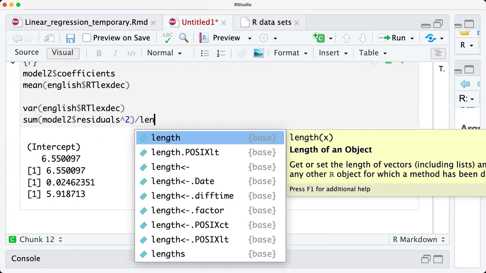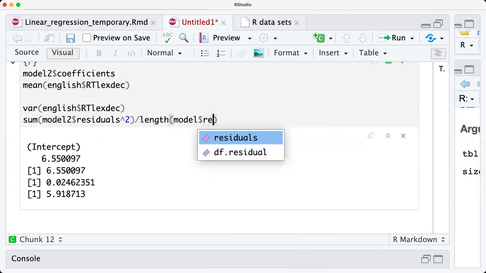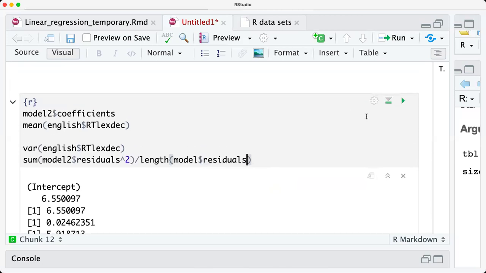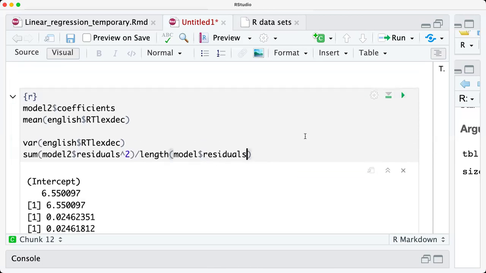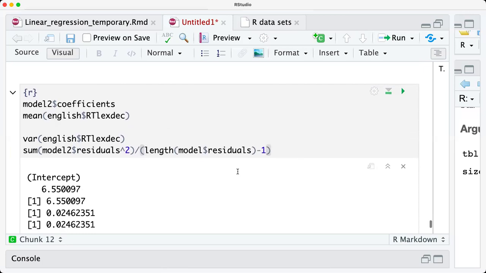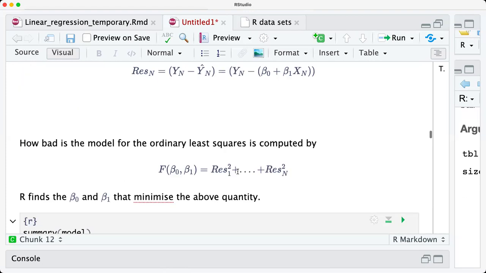English has many more rows, so minus 1. So this is another way to see the variance, which I didn't actually ever explain to you.